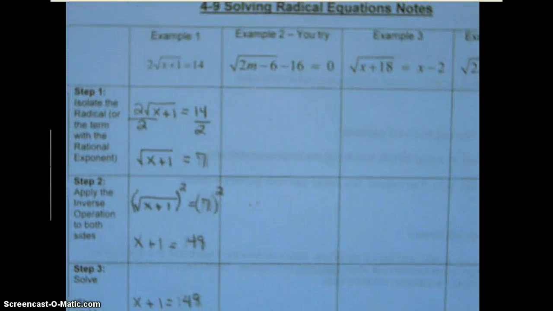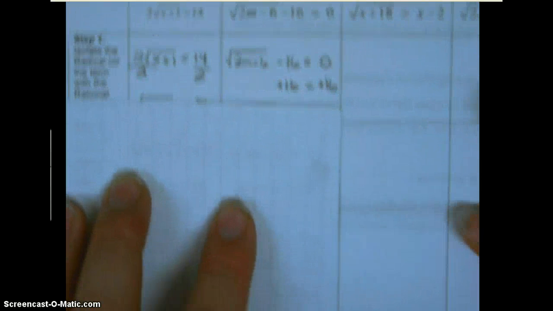Please pause the video. On example 2, you try. First up, that's correct. Get the radical by itself. Isolate the radical. So we're going to start off by adding 16 on both sides. And we end up with that. Now the radical is isolated.